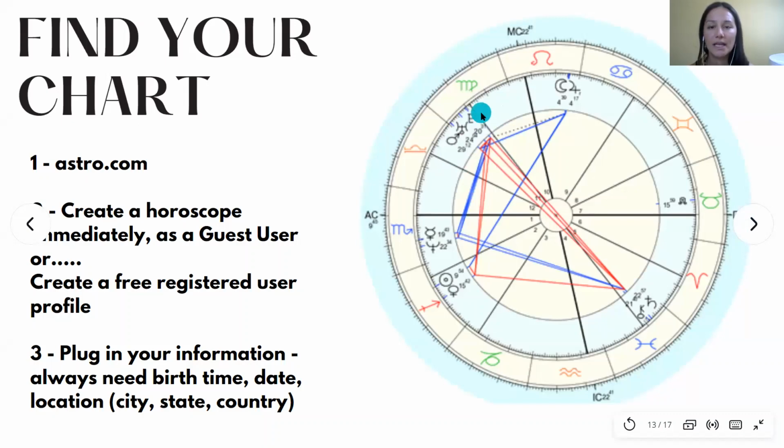So my intuition is telling me that Earth rules this person's chart more than air because there's not much air in this chart. So Pluto, being the most current rulership of Scorpio, is in Virgo here. So we're going to write down Virgo now.